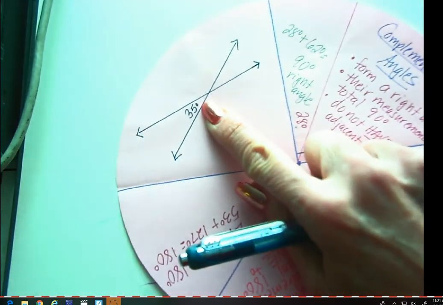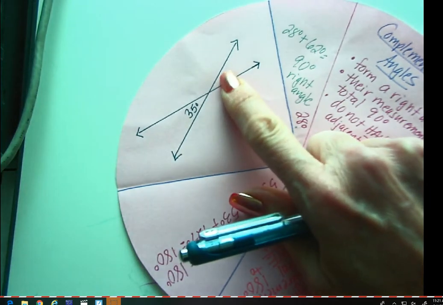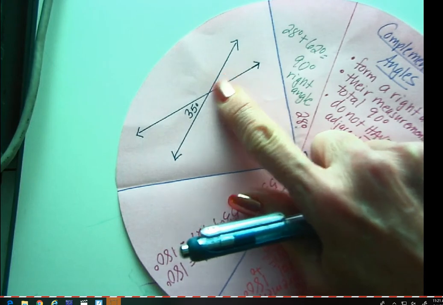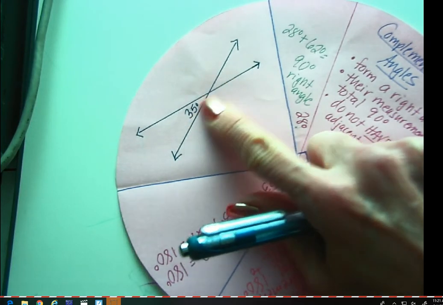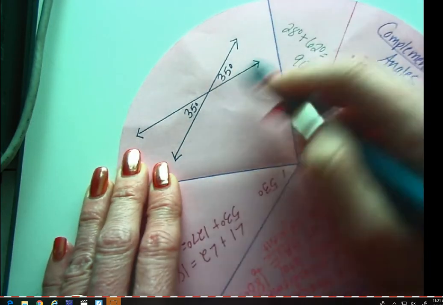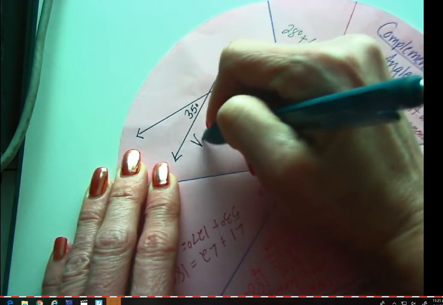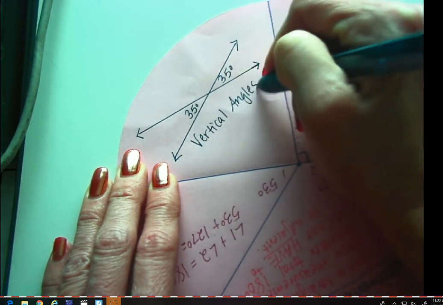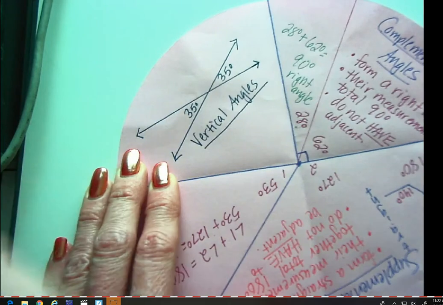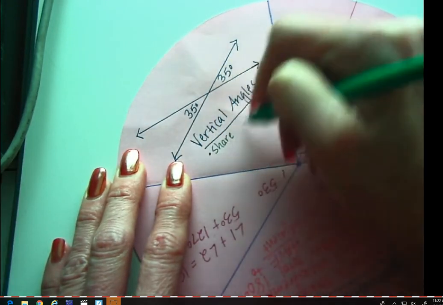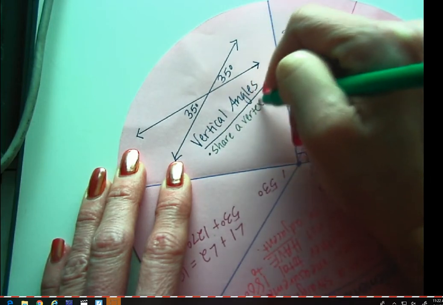Okay, if I know this angle is 35 degrees, what do I know is true about this angle? It's also how many degrees? 35 degrees. Okay, and the reason we know that is because of vertical angles. And what's true about vertical angles? They share a vertex.